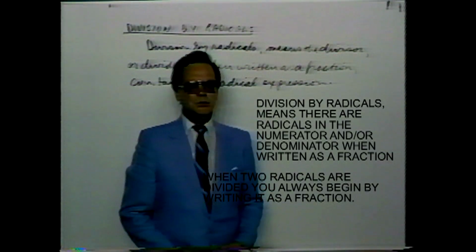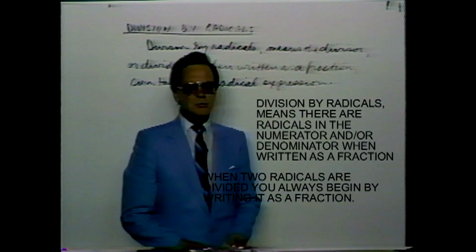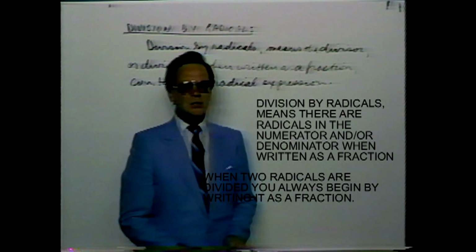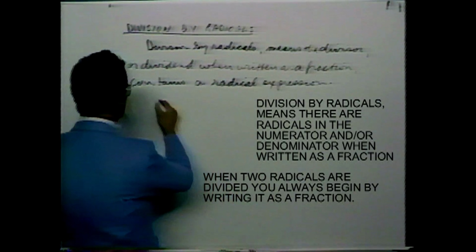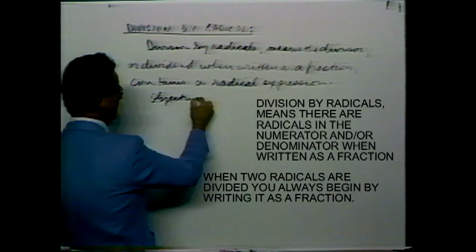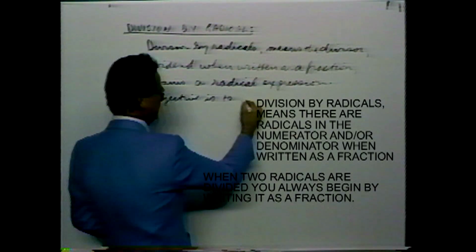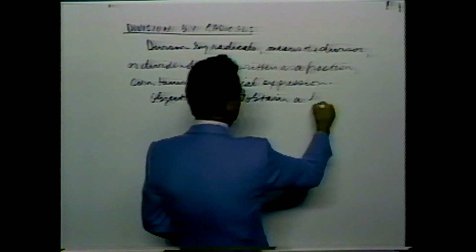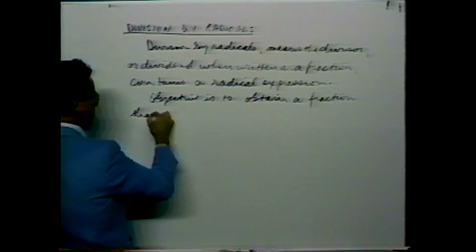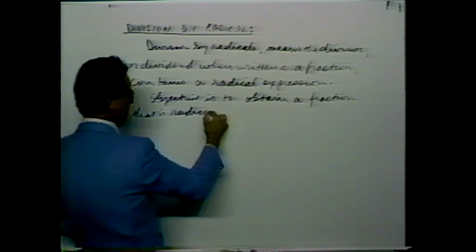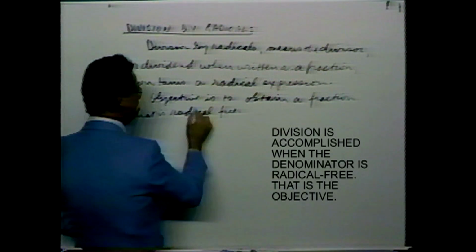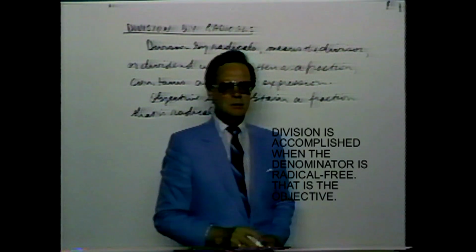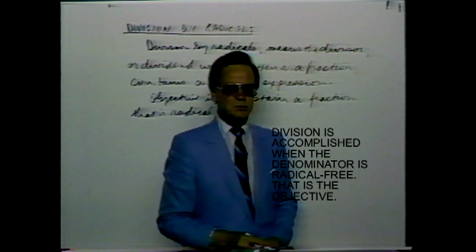Written as a fraction, which implies the operation of division, the objective is to end up with a fraction with a denominator that is radical free. When you have met this objective, you have performed the operation of division by a radical expression.